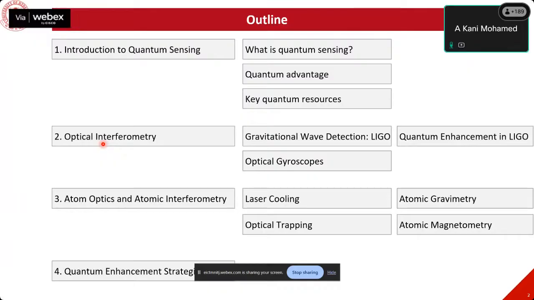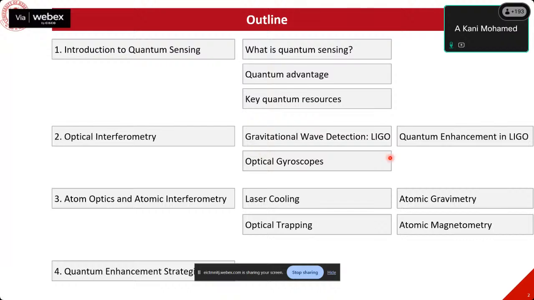One is based on optical interferometry, where it uses laser light and its interference to detect physical quantities. One famous example that I can give you is the gravitational wave observatory, LIGO, which uses laser interference to detect gravitational waves.